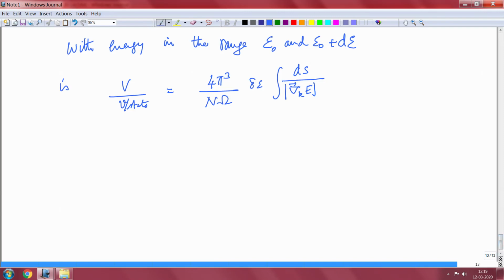So, what we have is the density of states d of E, or density of states in general at any energy E, is given by d of E equal to 4 pi cubed upon n omega times integral ds upon modulus grad k E.